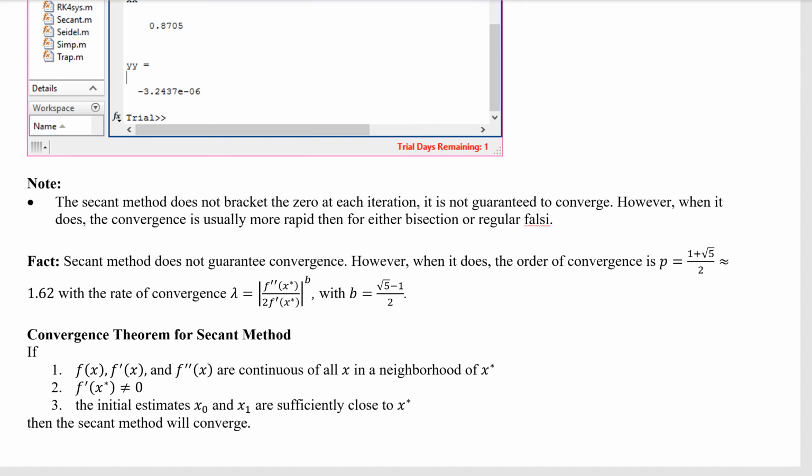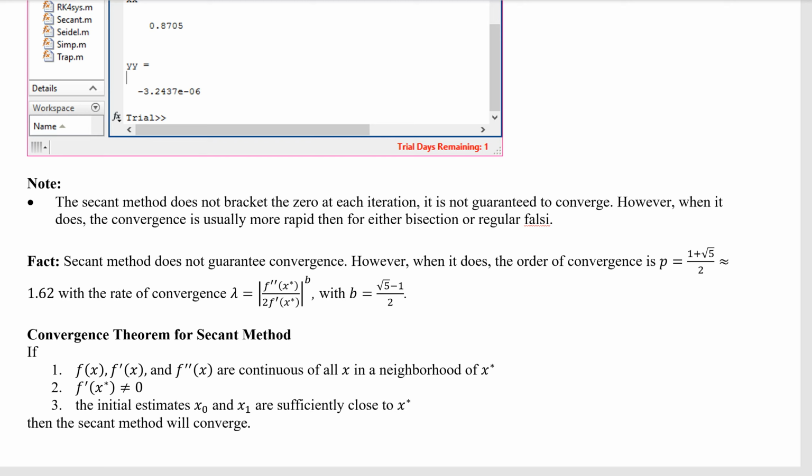Right now we have learned 3 methods so far. Our goal in this chapter is to solve nonlinear equations, that is, find the roots, the zeros of a nonlinear function. First, the bisection method. We don't really care about the shape of the function. We just have an interval.